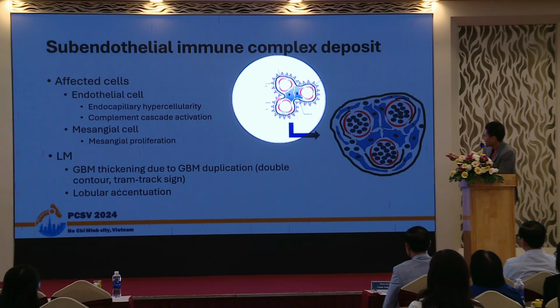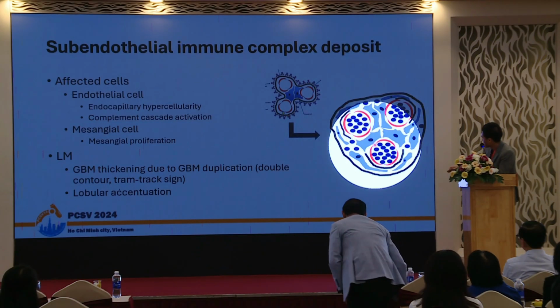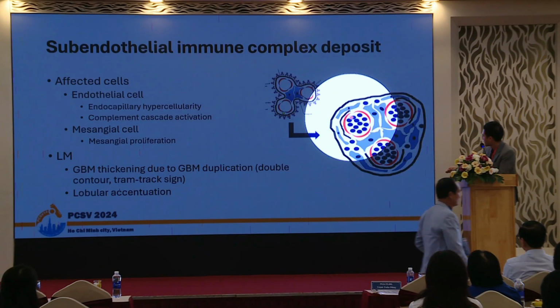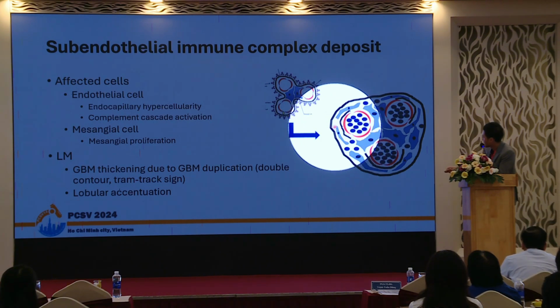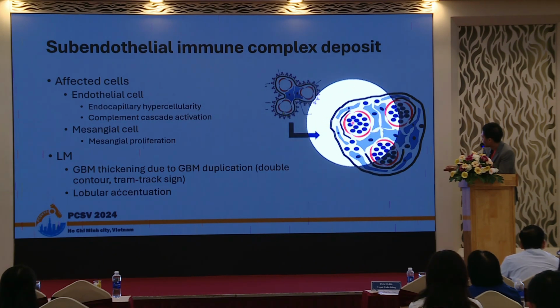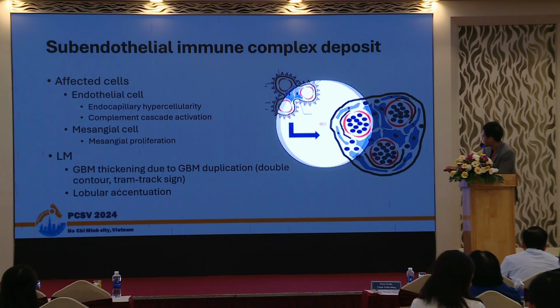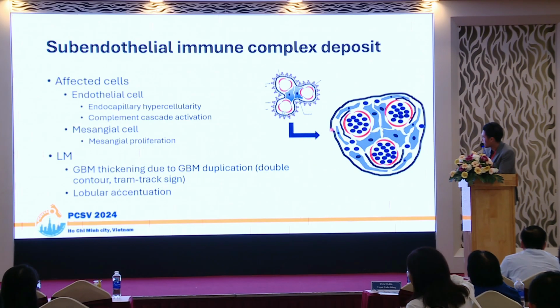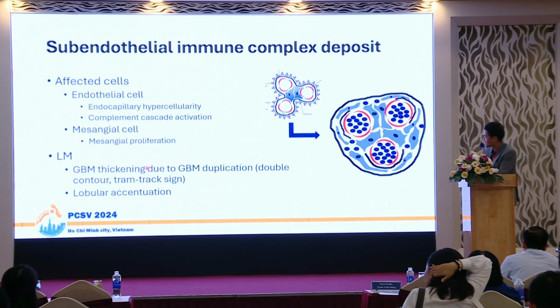And when it gets severe, mesangial cells even infiltrate under the basement membrane, and then a new basement membrane forms over the mesangial interposition, which makes a double contour of the basement membrane, or tram-track.